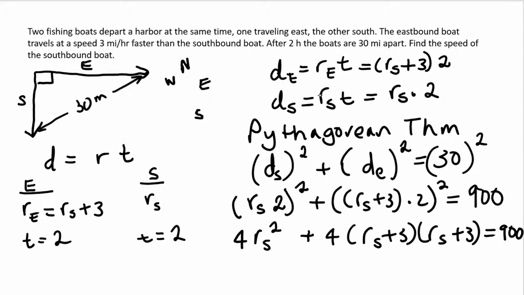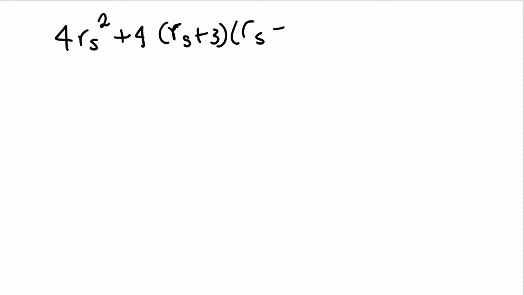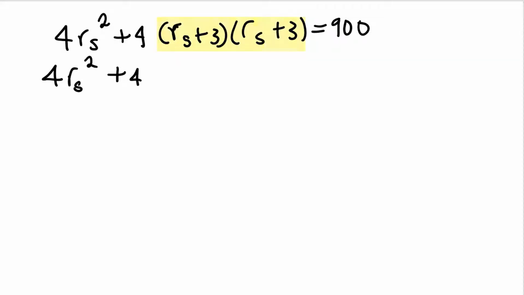Let's continue. We'll start with the 4RS squared plus 4 times (RS plus 3)(RS plus 3) equals 900. 4RS squared plus, multiply the two binomials.